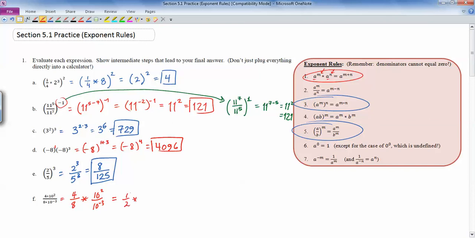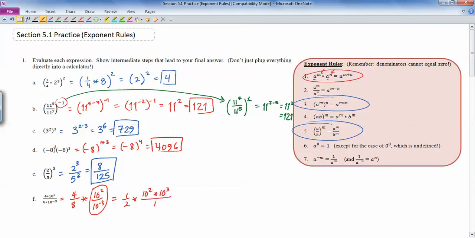And then the 10 squared over 10 to the negative third, that looks like, well, actually, we could do this a couple ways. I'm going to take it this way. I'm going to leave the 10 squared by itself on top. The 10 to the negative third on the bottom, that becomes 10 to the positive third if I move it to the top.